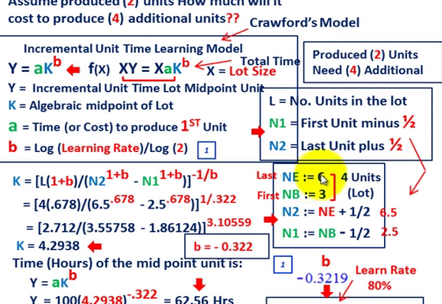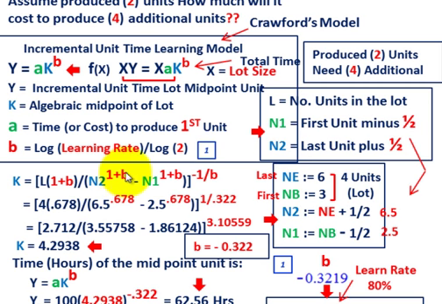We started with 2, so we're moving up by 4 units, so the last unit is 6. We take 6 and add 1/2 to it, so n2 is represented by 6.5. That's our equation here.